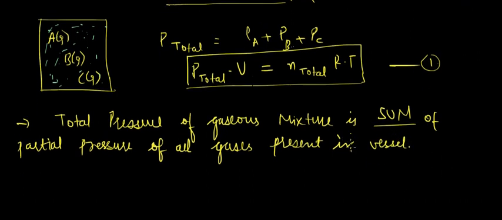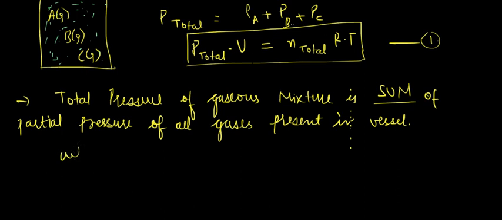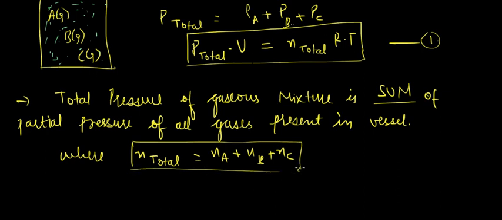Okay, so we can write that n total is nothing but moles of A plus moles of B plus moles of C. This is n total.